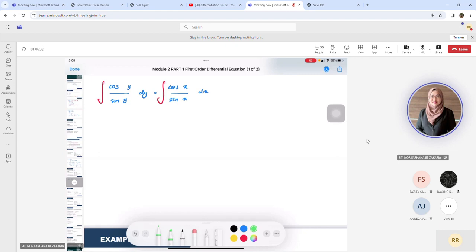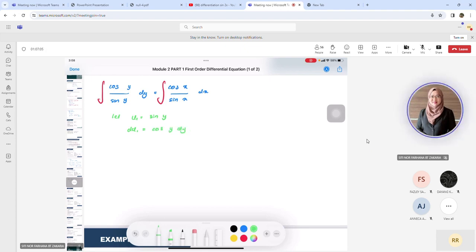Okay, so wait. Let sin y equals to u1. Or the other way around. u1 equals to sin y. So du1 equals to cos y dy.